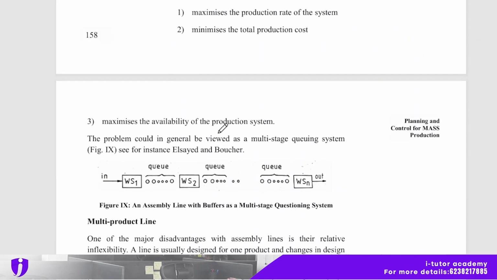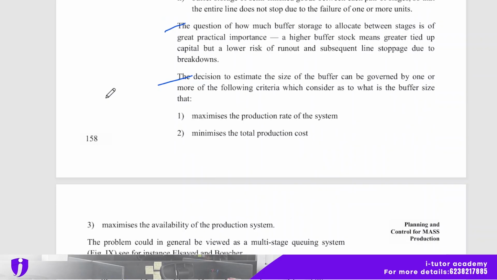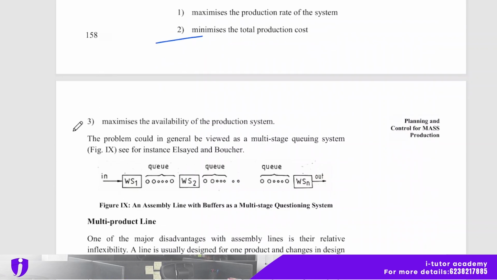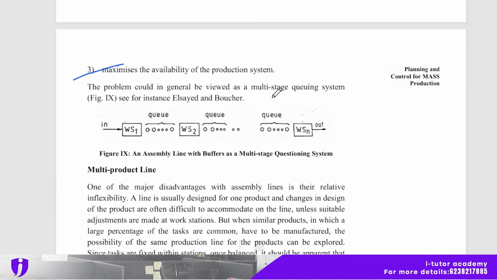The decision to estimate the size of the buffer can be governed by one or more of the following criteria: the buffer size that maximizes the production rate of the system and minimizes the total production cost, and that maximizes the availability of the production system. The problem could in general be viewed as a multi-stage queuing system, as seen for instance in Elmaghraby and Buzacott. This is an assembly line with a buffer as a multi-stage queuing system.